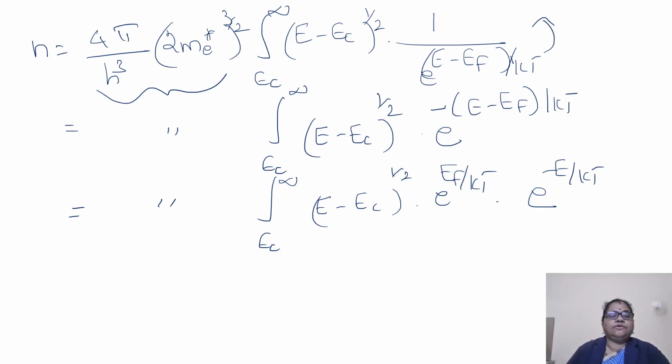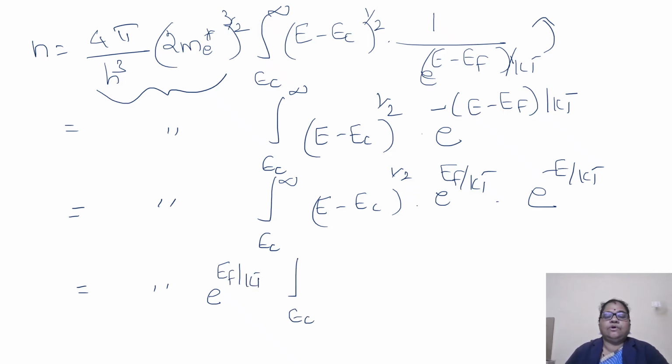The term e to the power EF by kT has no dependence on E, so we can take it outside.